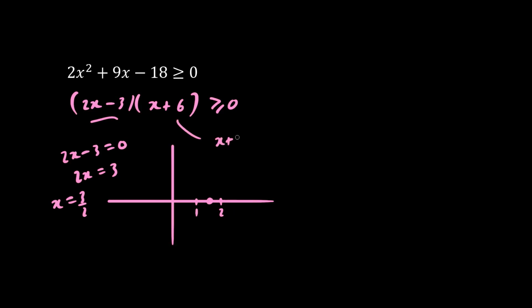Whereas here, when we have x plus 6 equals 0, the critical point is x equals negative 6. We have 1, 2, 3, 4, 5, 6, all the way over here. We have negative 6. So this happy face parabola cuts all the way through from left to right.